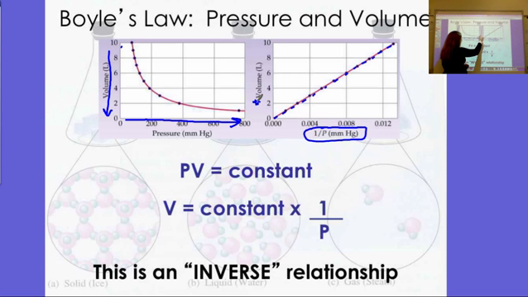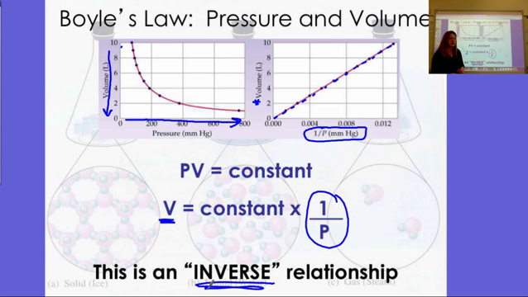So the volume is equal to some constant times 1 over the pressure. This is an inverse relationship. As pressure goes up, volume goes down.